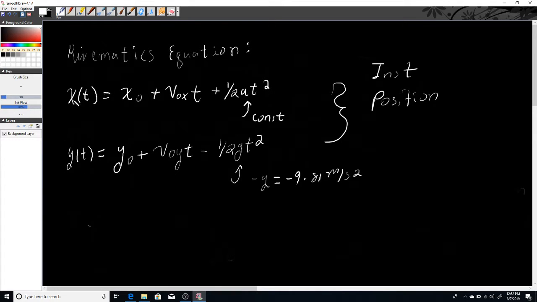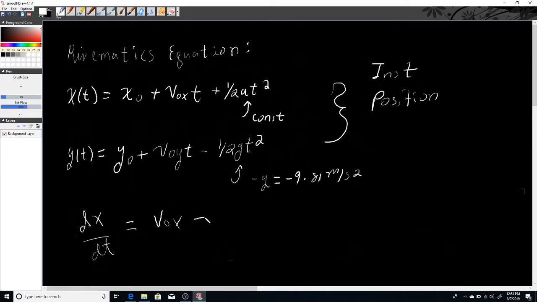If we wanted to find the velocity in the x direction, the instantaneous velocity at any particular point in the x direction, we take our position function, and like I described in the last video, we take the derivative. In this case, the initial position is a constant, so that becomes 0. Here, when we do the derivative, the t goes away, and we have v initial of x. And here, the 2 cancels out the 1/2.